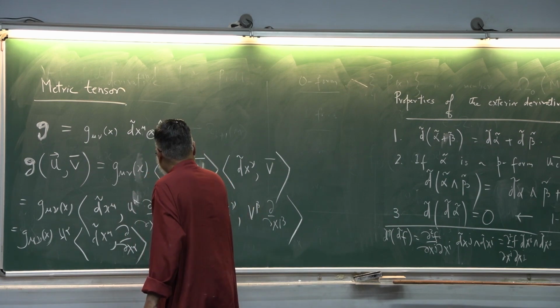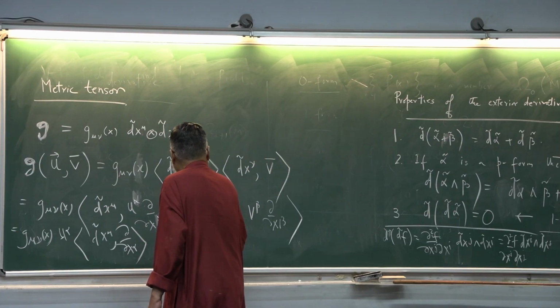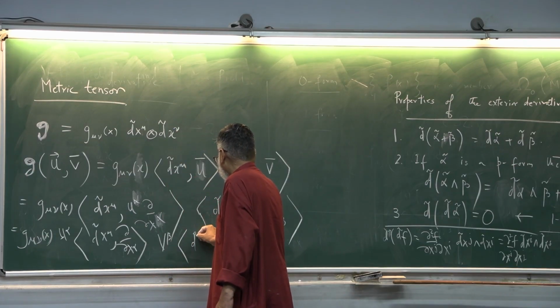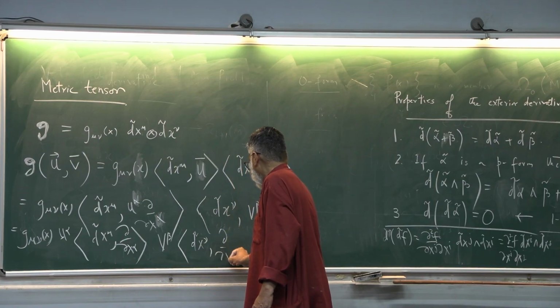And v beta will come out. This is a linear operation, v of beta d of x nu del by del x beta.